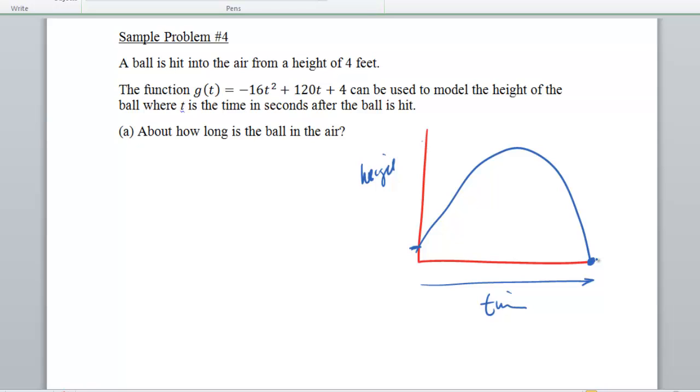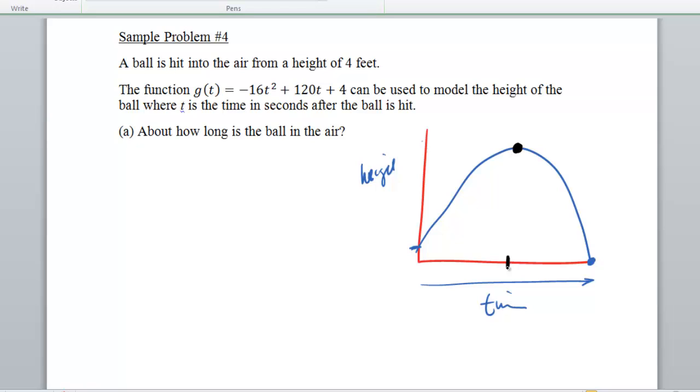However, since we're not to that point right now, we basically only have the graph to work with, and we really don't have a way of solving this 0 yet, but we do have a way of solving this maximum. We can get a sense of how long it's going to take until it gets to its maximum height by finding the vertex.